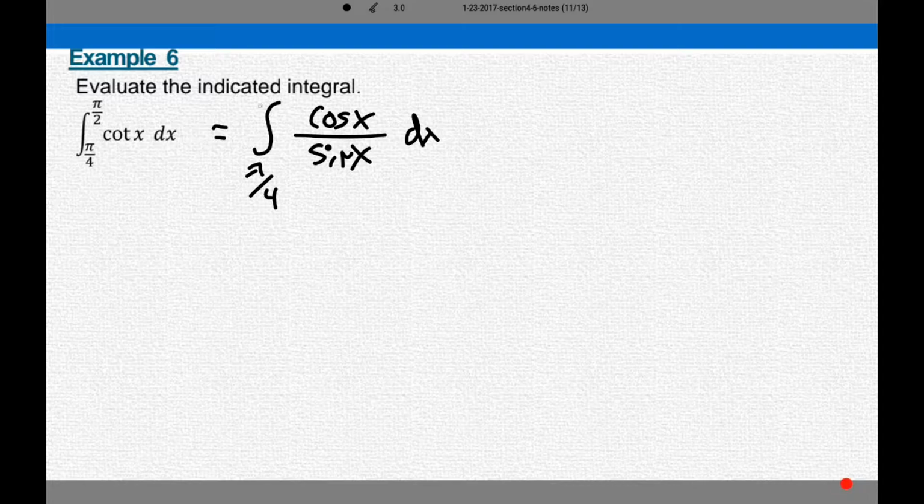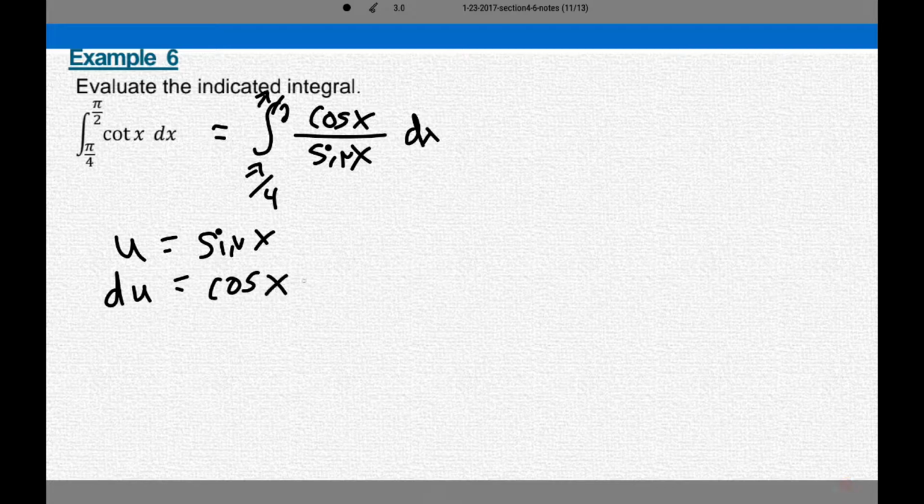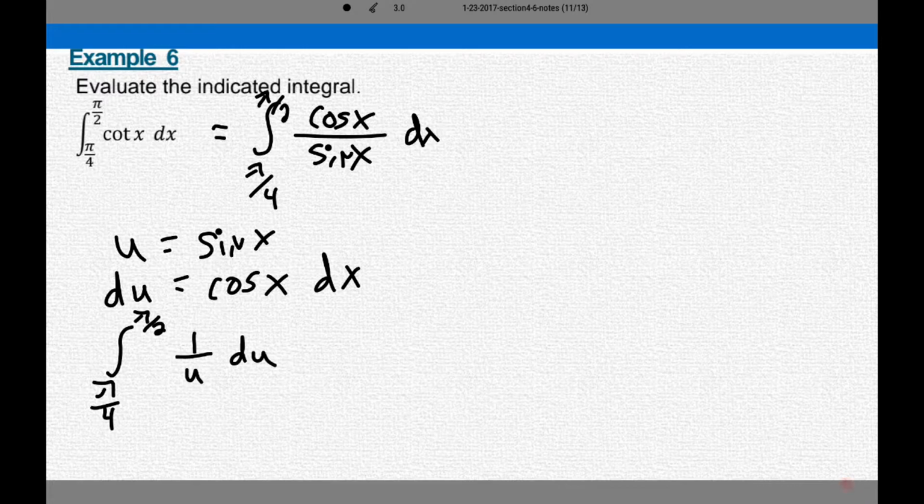We got from pi over 4 to pi over 2. So in this case, our u is going to be our sine of x. And our derivative of that is the cosine of x. And then we can actually just use our substitution and make this the integral pi over 4 to pi over 2, and then it's actually just going to be 1 over u du.